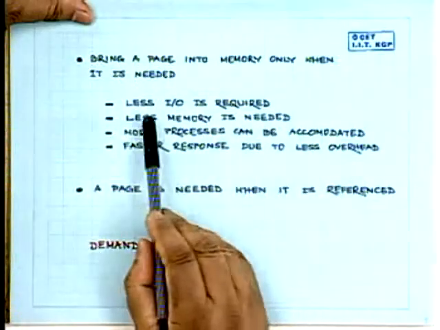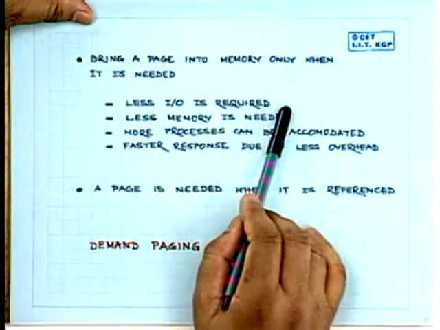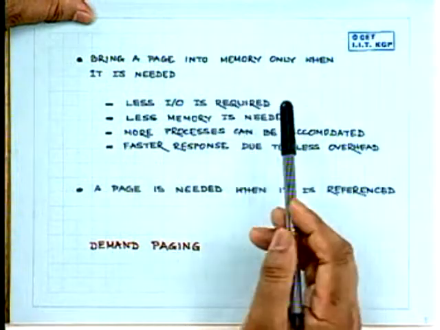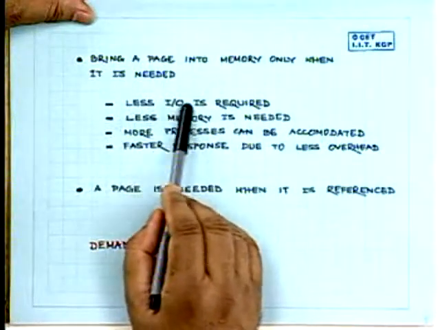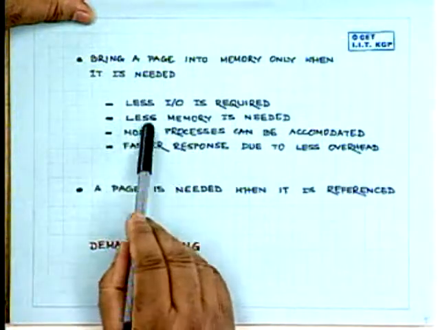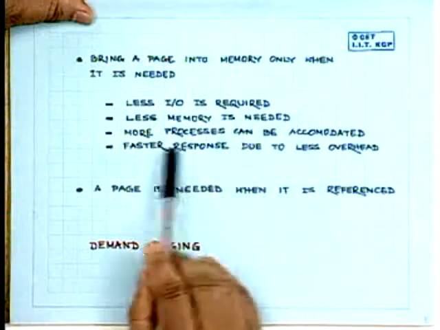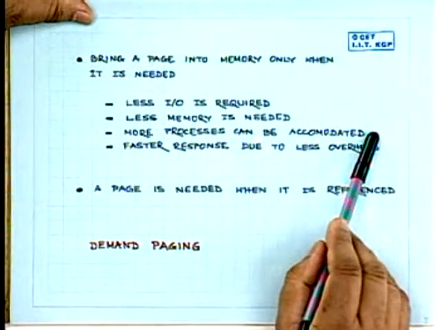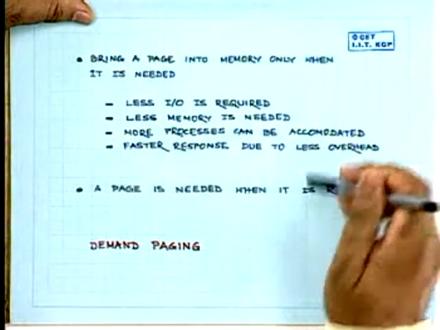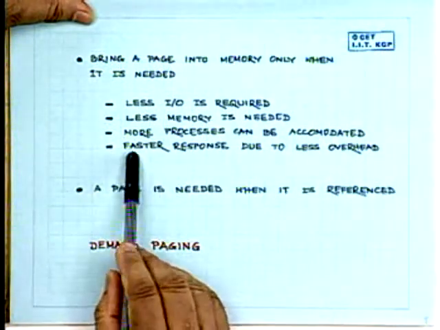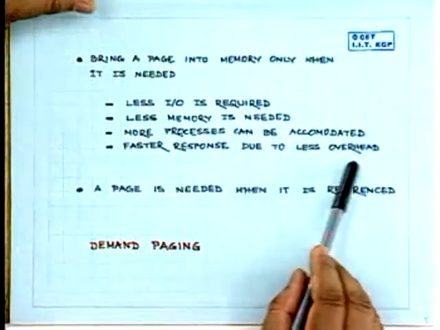The reason is that in that case, less IO is required, because for the pages which may not be needed, there is no use bringing them into the memory and using time in input-output. Less memory is needed, so more processes can be accommodated because less memory is needed per process, and there is faster response due to less overhead.